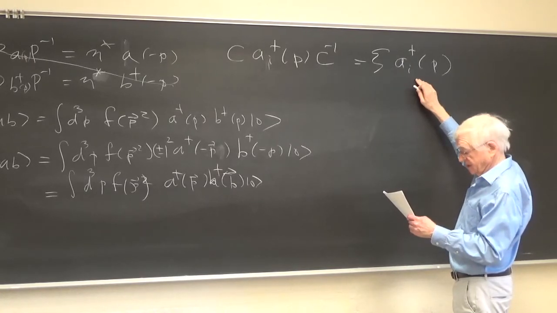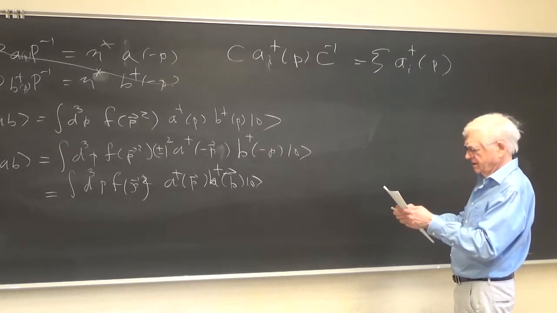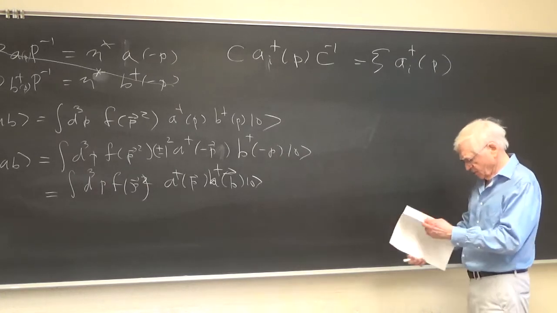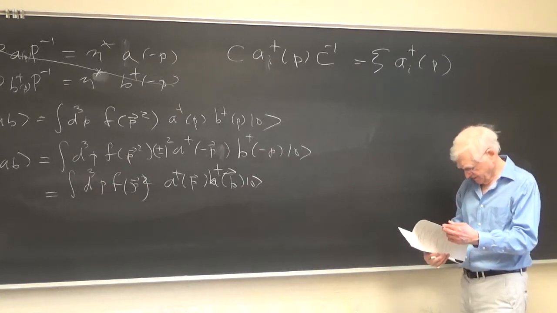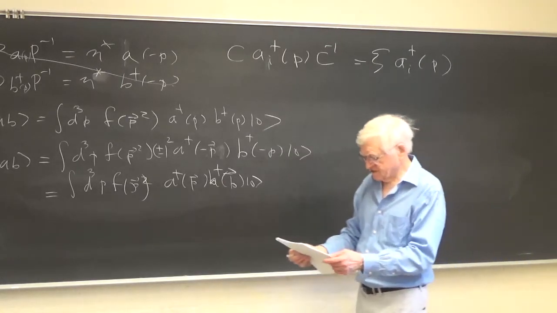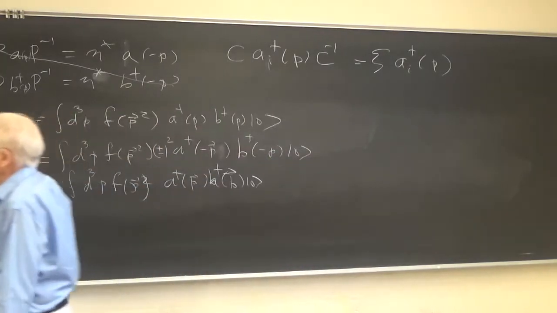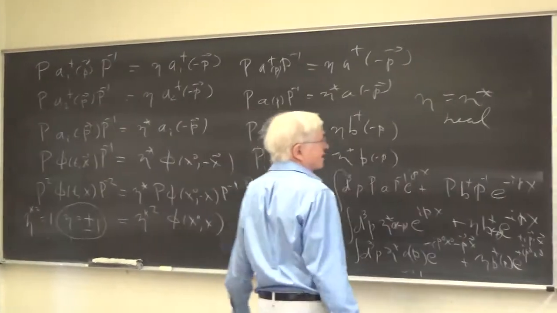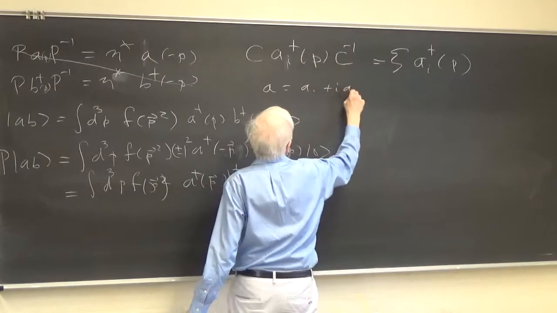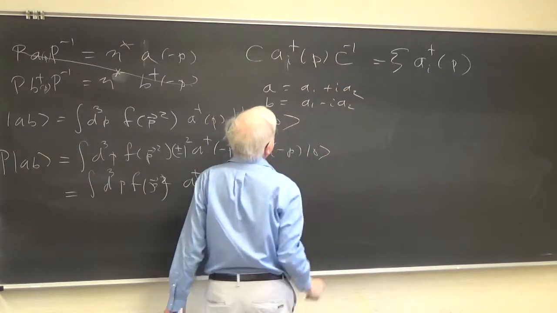And actually, I've got, all right, I don't understand why this is this way, because I thought I fixed this. Okay, what you obviously want to do under charge conjugation is go from A to B. So A is A1 plus iA2, B is A1 minus iA2.